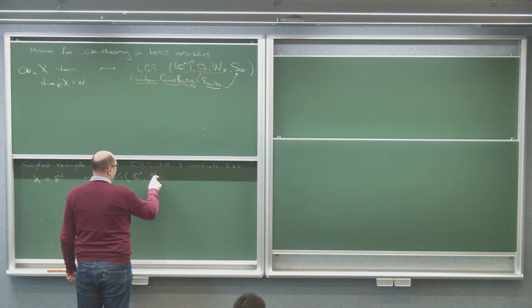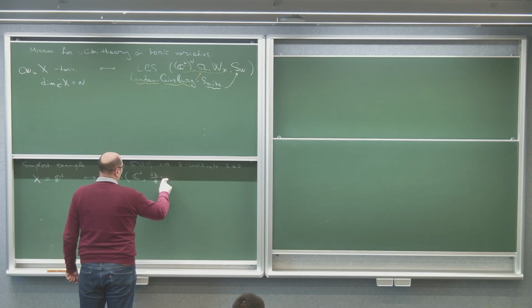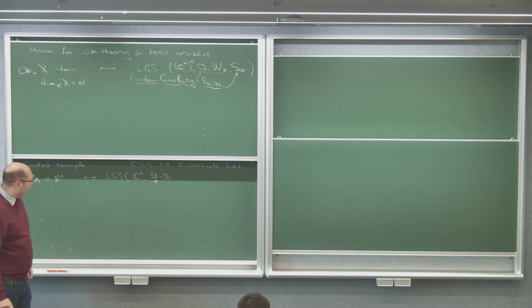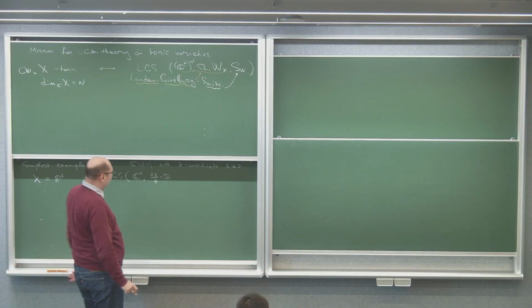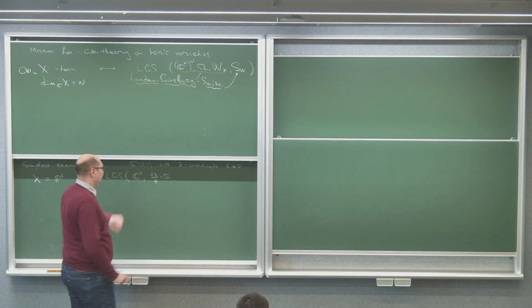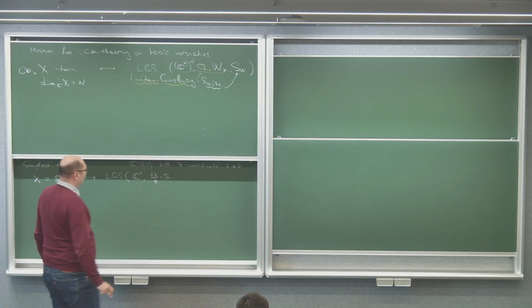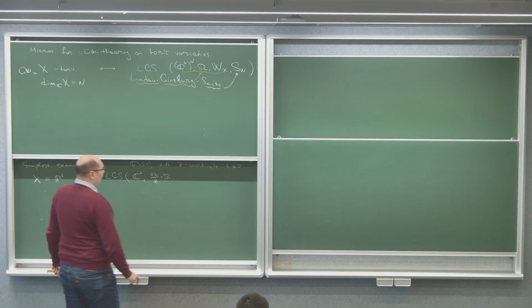Then in this notation our holomorphic top form is dZ over Z, because we remove Z equal to 0.